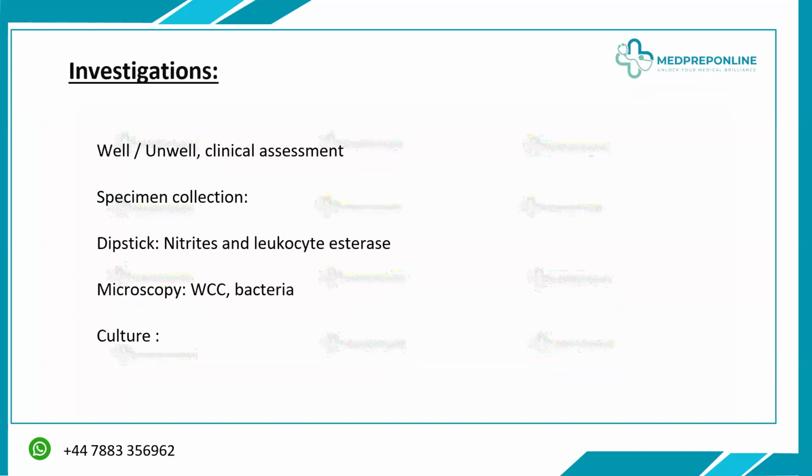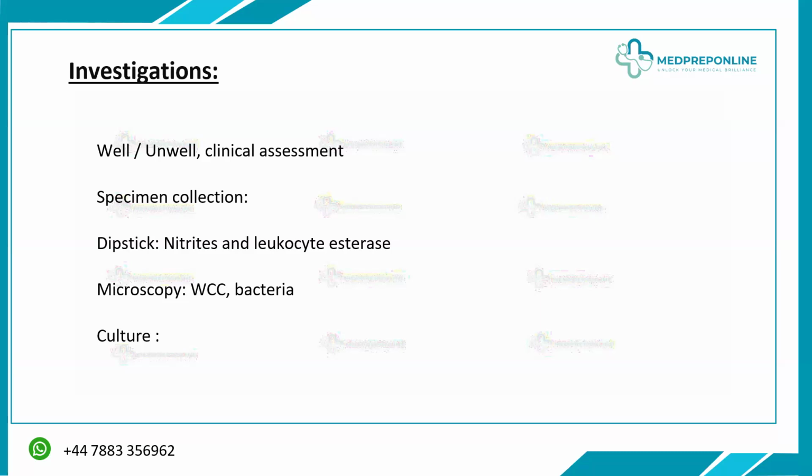So investigations mainly depend on whether the child is well or unwell. If the child is unwell, in that case, we treat these children as sepsis and pyelonephritis and suspected sepsis. So you have to take all the septic workup, including the blood culture, FBC, CRP, venous gases, and blood culture, urine culture, renal function test.